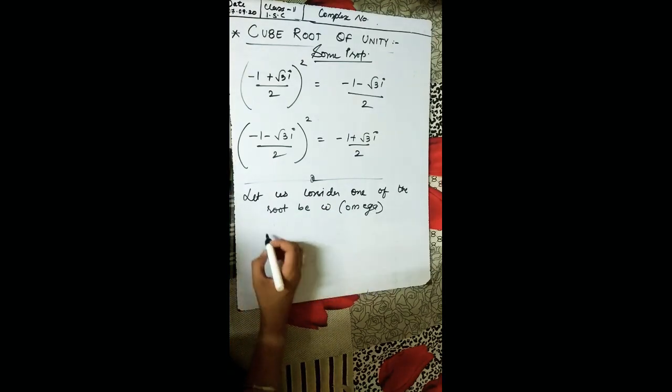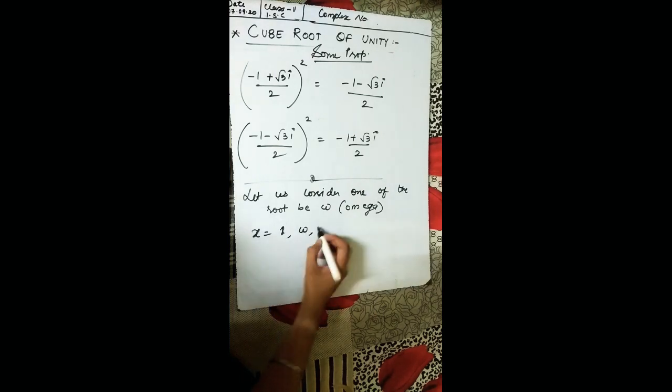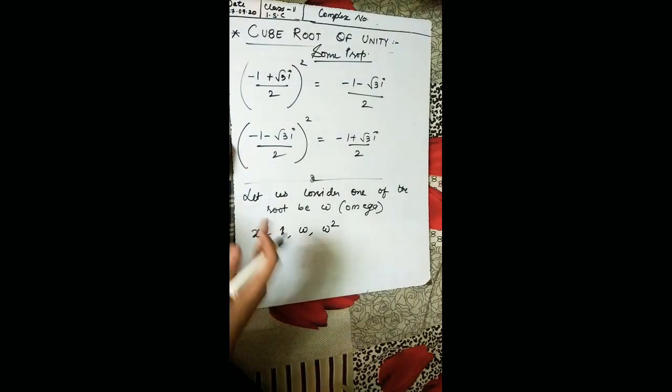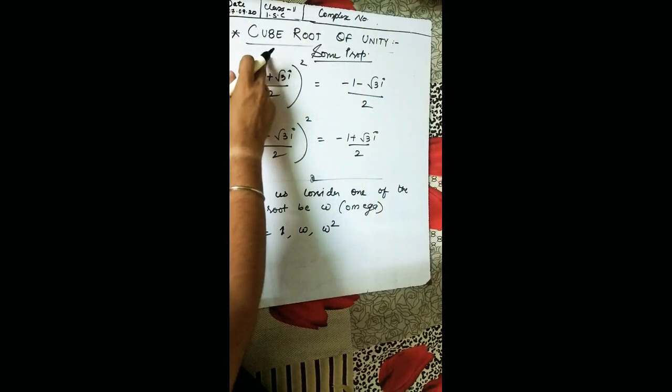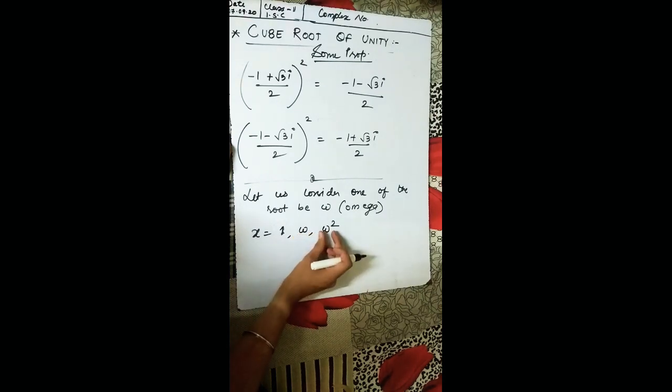If I consider that, what will the roots be? So x is equal to 1, omega, and what will be the other? Will it be omega square? Because if I'm considering any of the roots as omega, I'm getting the other root on squaring that particular root. So if I consider one root as omega, what will be the other root? Can I write it in terms of omega square?